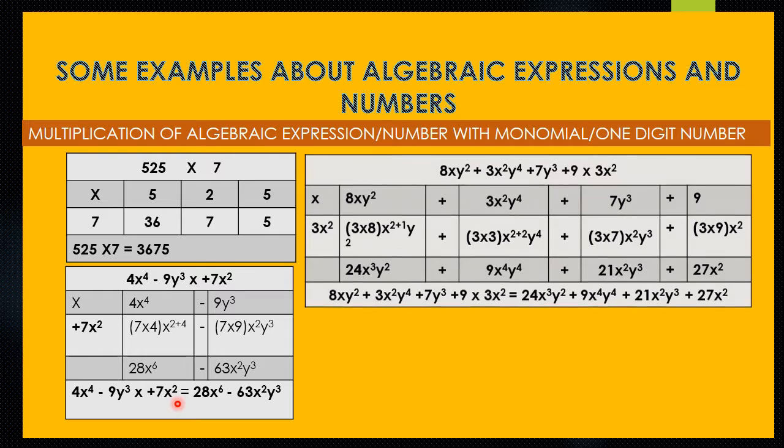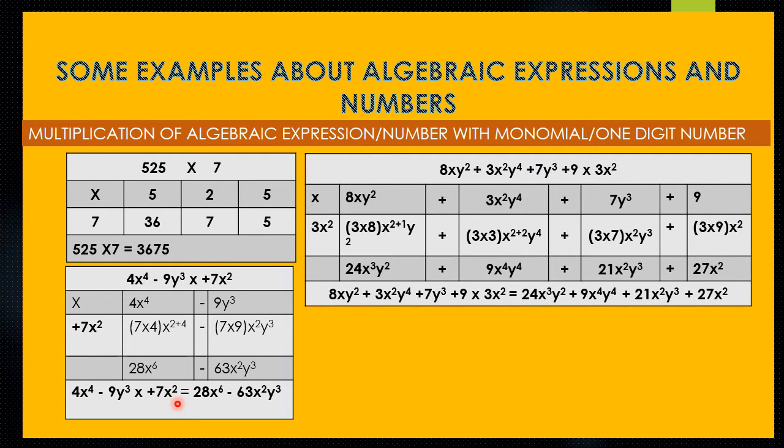Again, I have to multiply the 7x² either starting from the left side or from the right side. It doesn't matter. In numbers, we have to follow the rule to start multiplying from the unit, but in the multiplication of algebraic expressions, it doesn't matter whether we start from the right side or the left side.